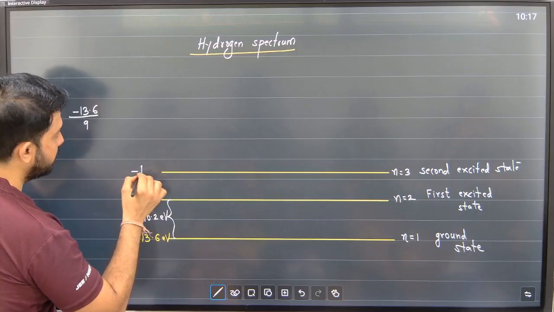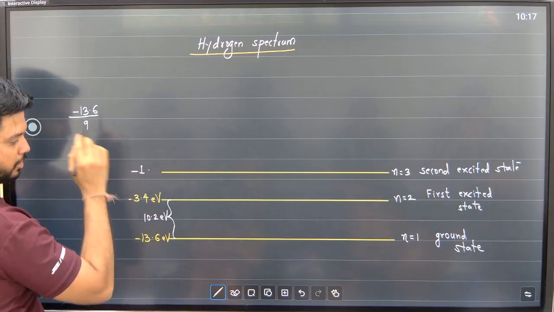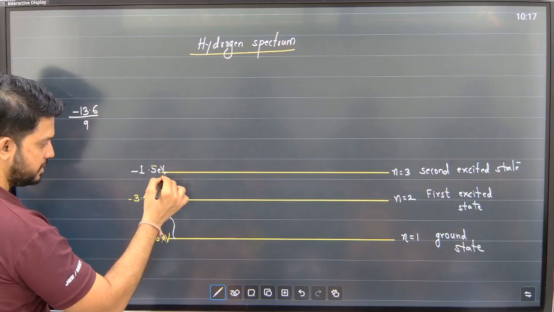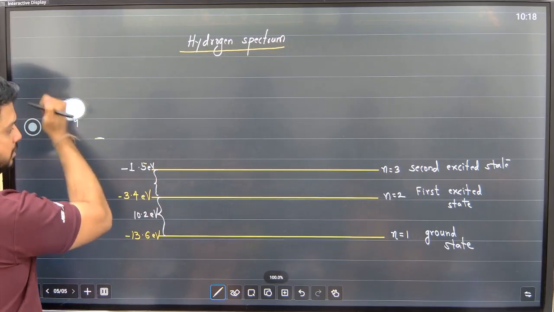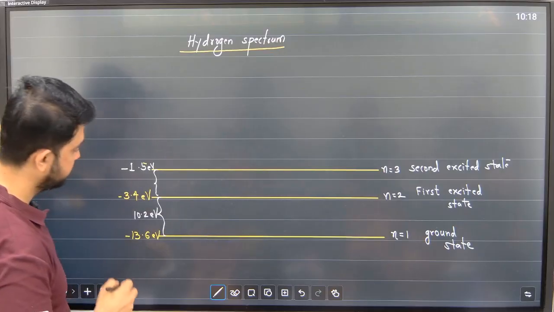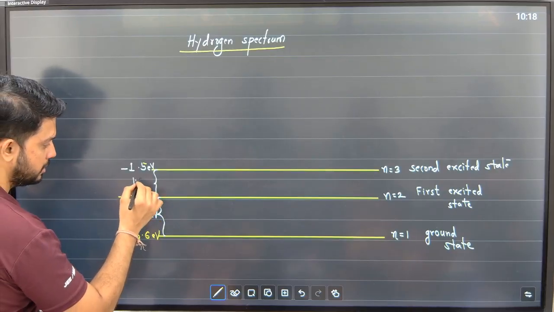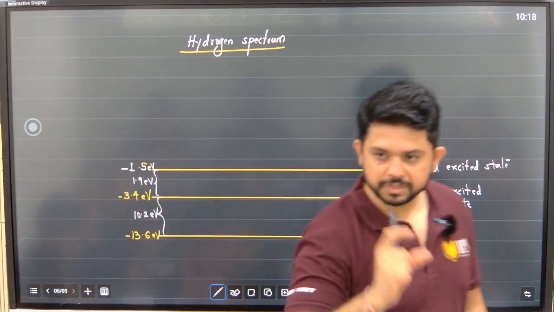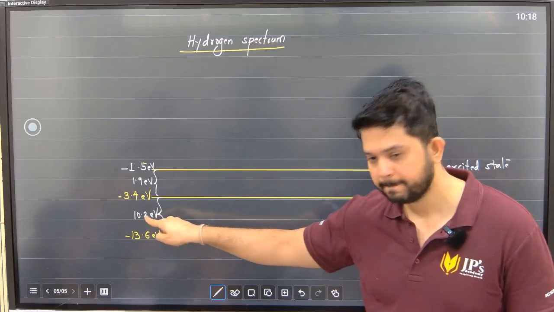Minus 1.9, approximately 1.5 eV. What is the difference here, people? How much is the difference over here? 1.9 eV. The reason we are understanding the difference is, what was the gap between the first and second line?